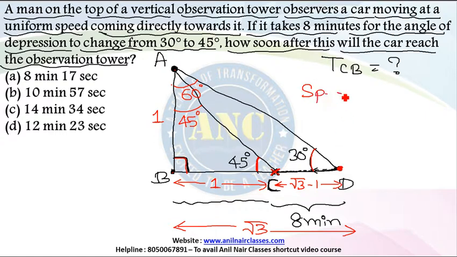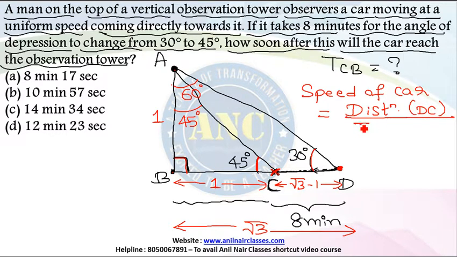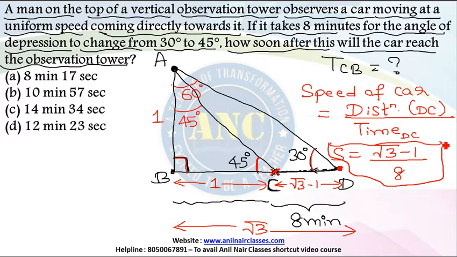So the speed of the car is given by the distance traveled from D to C divided by the time taken from D to C. Distance is root 3 minus 1, time is 8 minutes. So the speed of the car is root 3 minus 1 divided by 8.